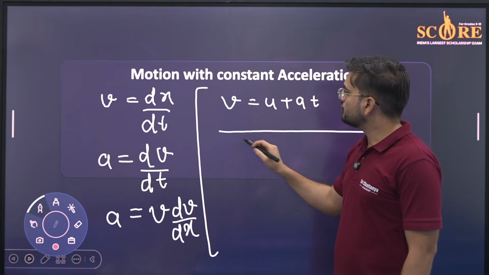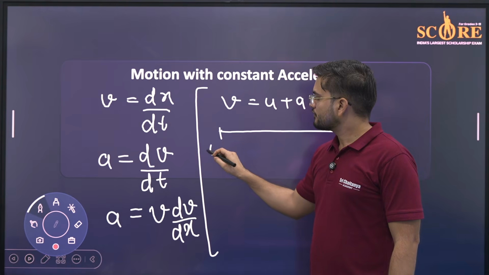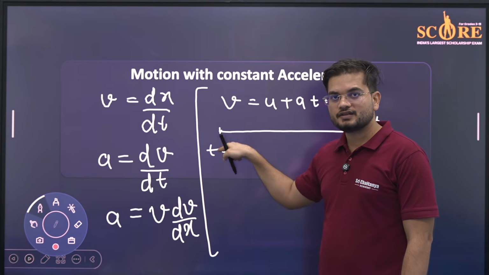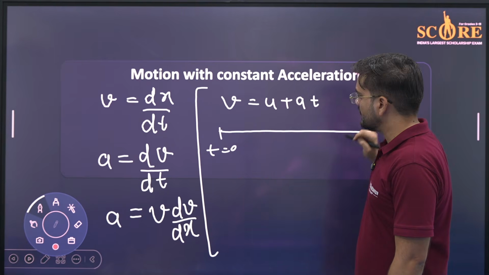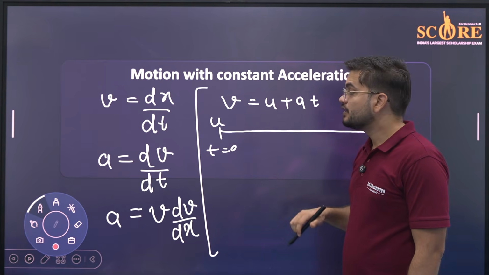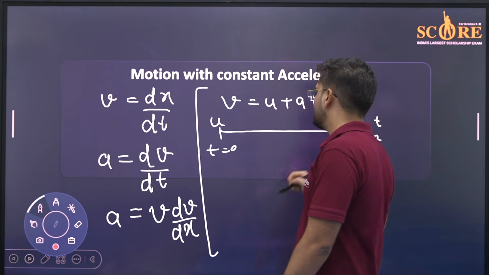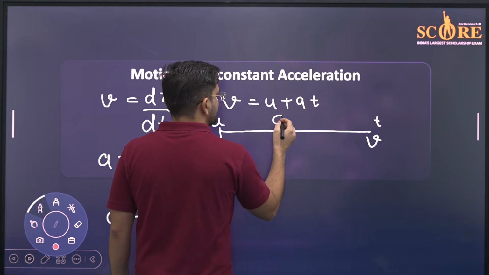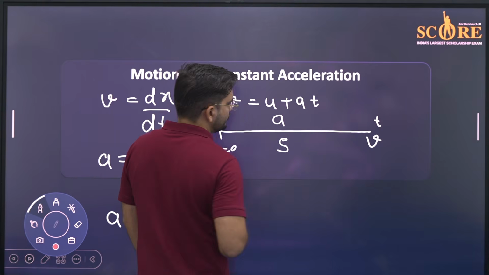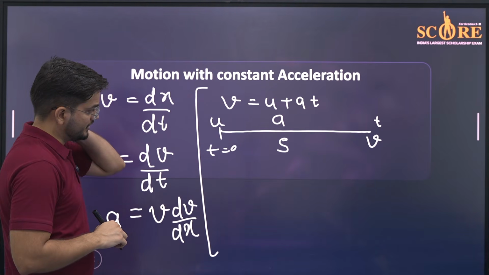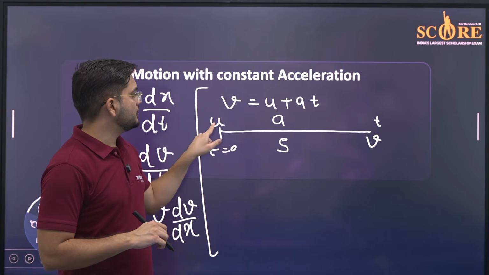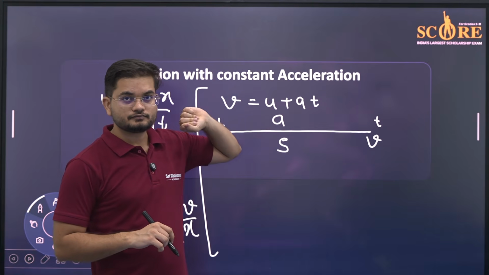If a particle moves in a straight line, here it is the initial point, here it is the final point. Initial means t equal to 0, final means at time t. Velocity at t equal to 0 is defined by u, velocity at time t is defined by small v, acceleration of the particle is small a, displacement from initial point to final position is s, then v will be defined by v equal to u plus at.